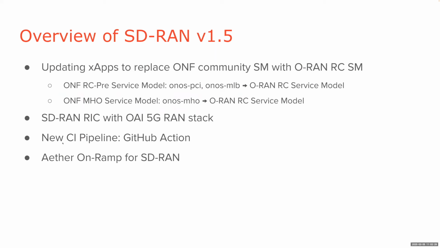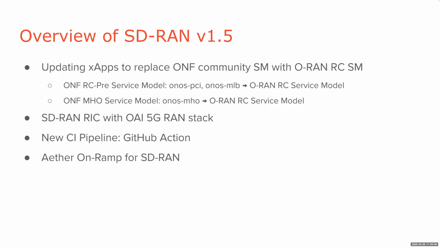So this is the overview of the SD-RAN release 1.5. There are four major points. The first one, the biggest one, is updating the X applications to replace the ONF community service model with the ORAN RC service model. I will cover it a little bit more later, but previously ONOS PCI, MLB, and MHO X applications used ONF community service models.